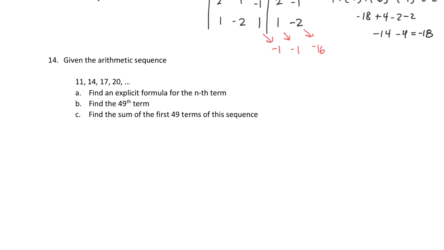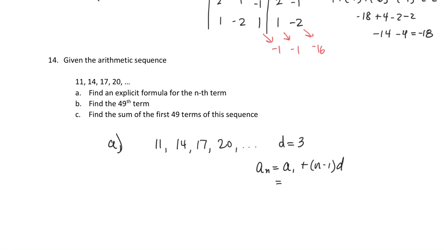Okay, for part A, we have this sequence here. And it's arithmetic, which means it has a common difference. In this case, the common difference is 3. So the explicit formula for the nth term of an arithmetic sequence is first term plus n minus 1 times d.